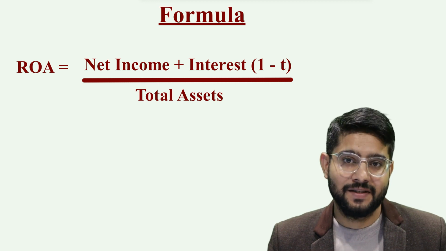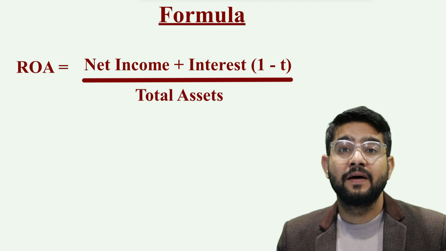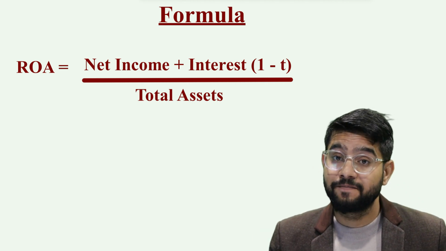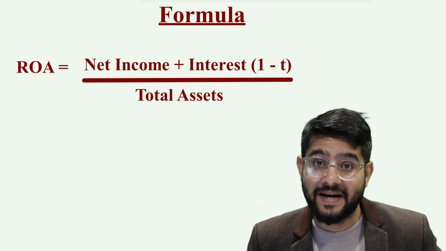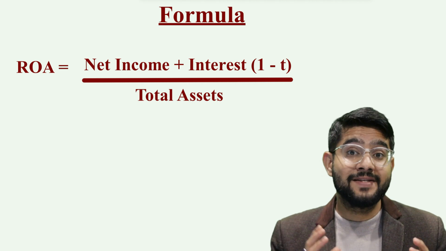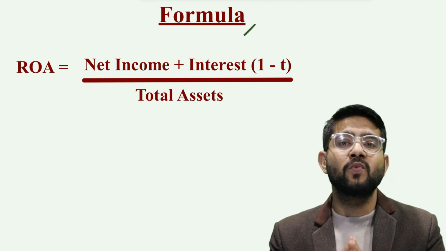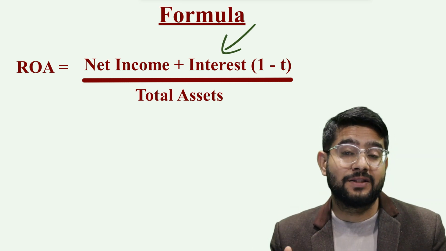Now let's understand the calculation part of return on assets. Return on assets can be simply calculated by using this formula. However, analysts have used several variations of this formula, but yet this formula is considered the best and most practical. As you can see, the income or return part of this formula includes not only the net income but also the interest net of tax.